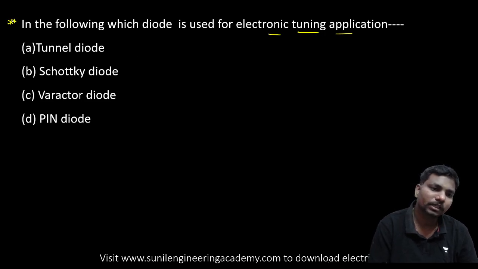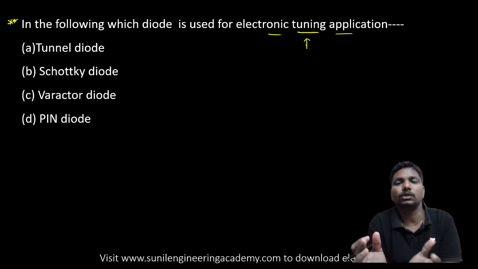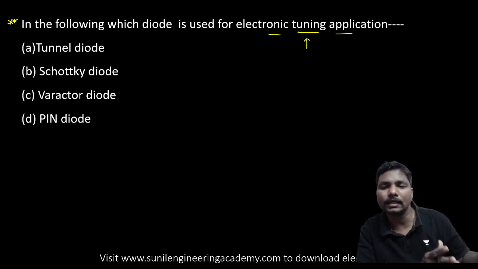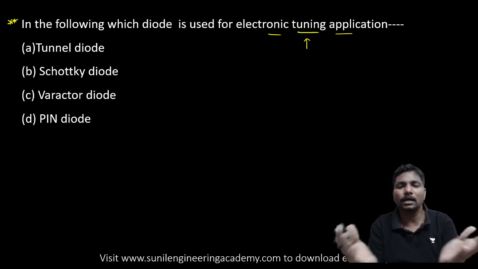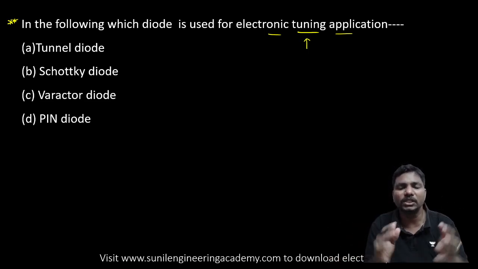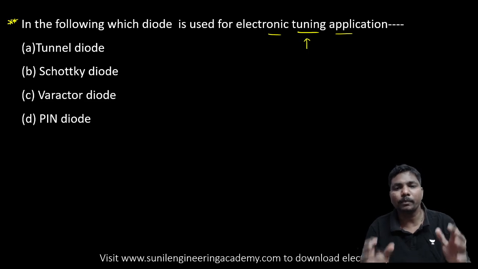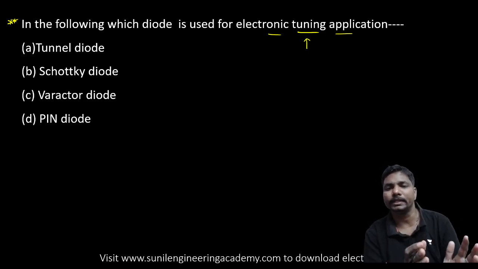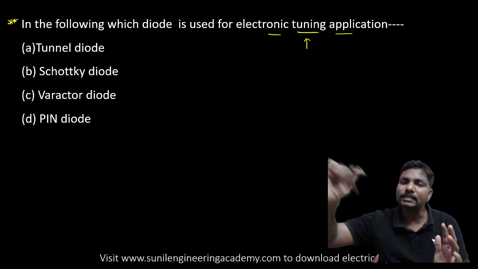Where we are using tuning applications, we have to tune the inductive reactance to the capacitive reactance. Then it will be in the resonance condition. It can give very good output or maximum output. Correct. So, for example, if we have an inductance in the circuit and we vary the capacitance, then Xc will vary.